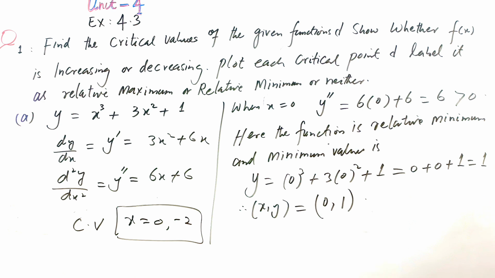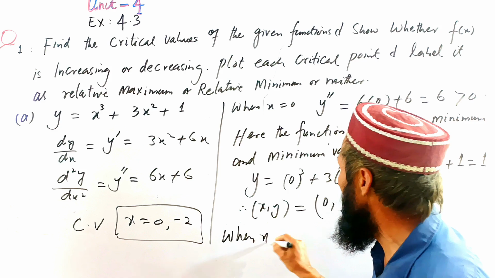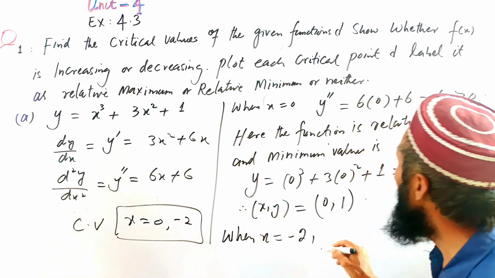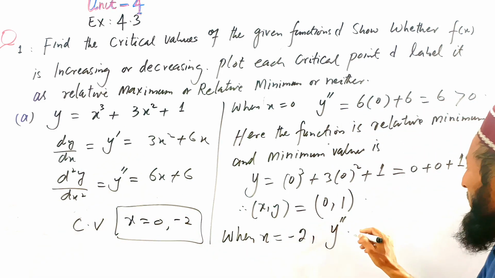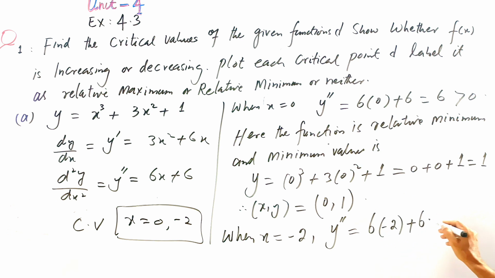Now when x is equal to minus 2, the second derivative of this function is 6 into minus 2 plus 6, which is minus 12 plus 6, we get minus 6. Minus 6 is less than 0.